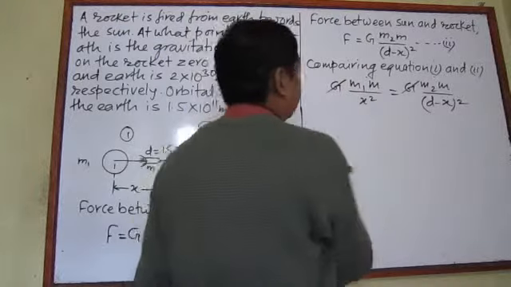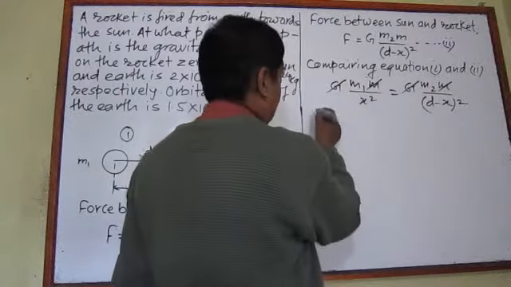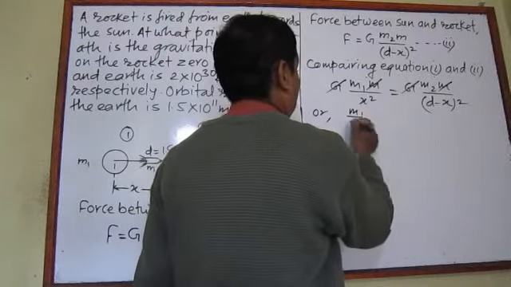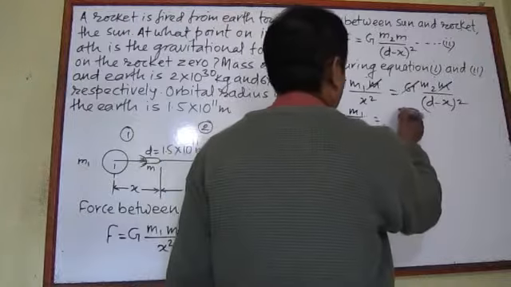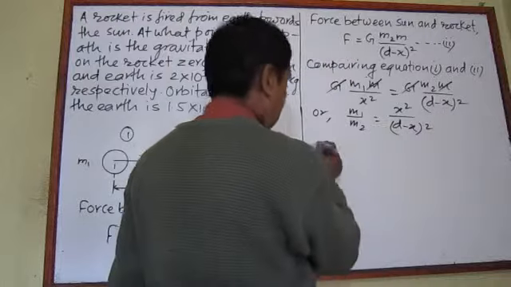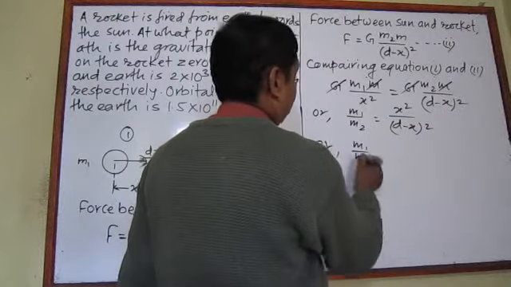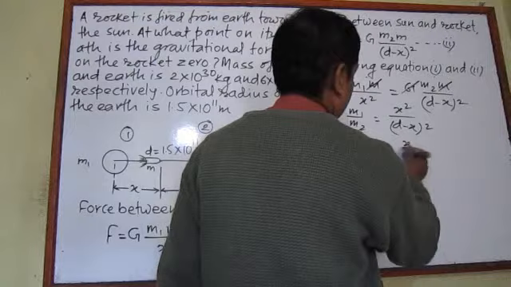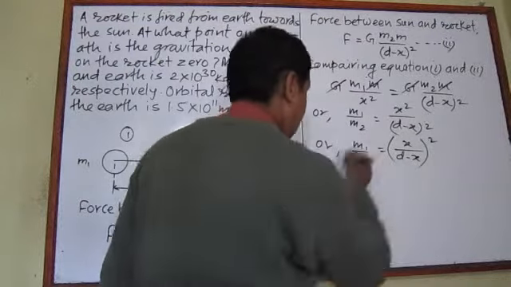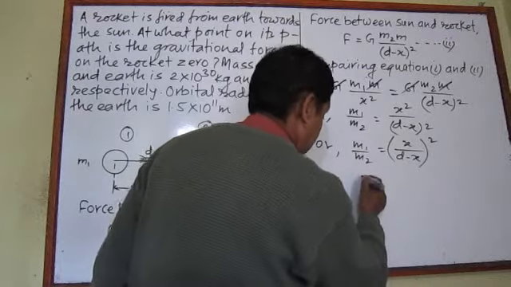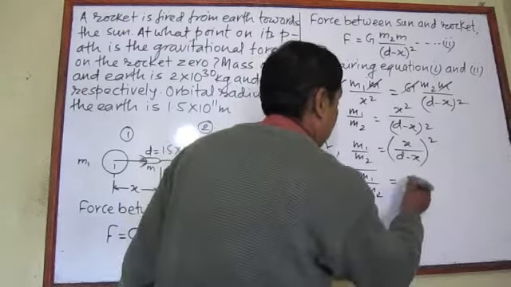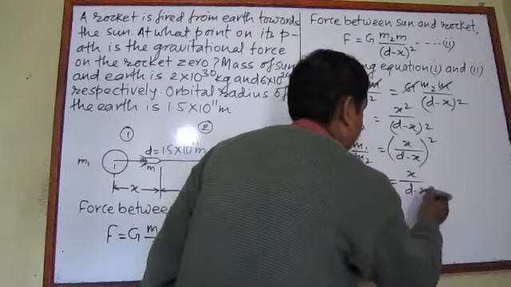Here G cancels, m also cancels, and remaining we have m1 and m2 which can be taken to the left hand side: m1 by m2, x square taken to the right hand side, is x square upon d minus x whole square. If the square is taken away, then we can put root over m1 by m2 equal to x by d minus x.